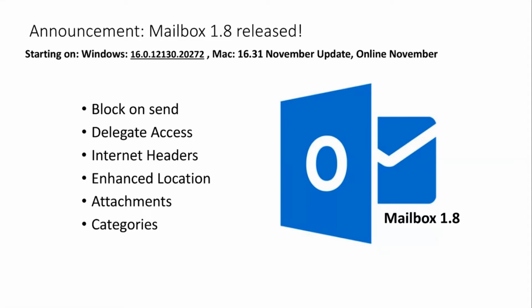Previously, you had to call the Graph or the REST APIs to get the MIME headers. Now you can get them directly with the client with JavaScript. So it's a great addition if you are interested in learning about headers, implementing security scenarios and stuff.